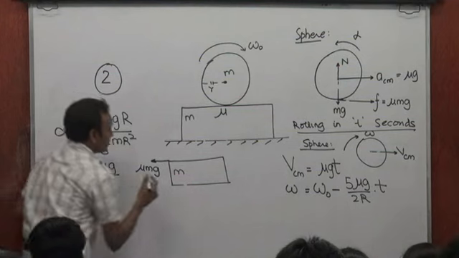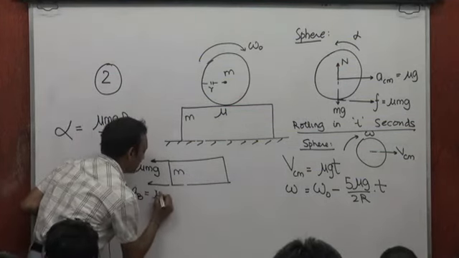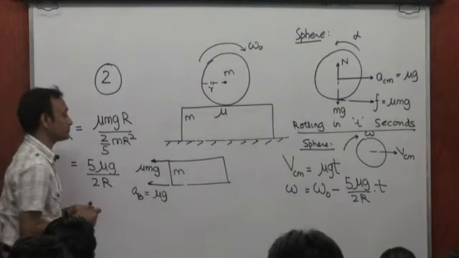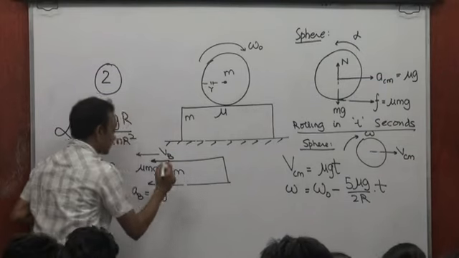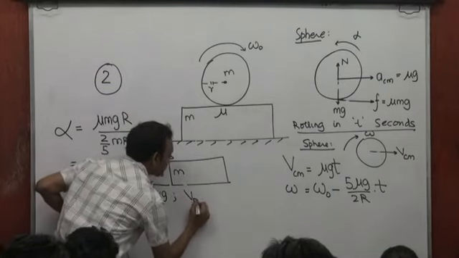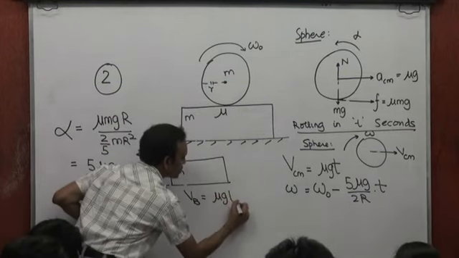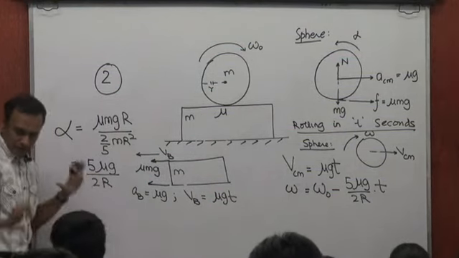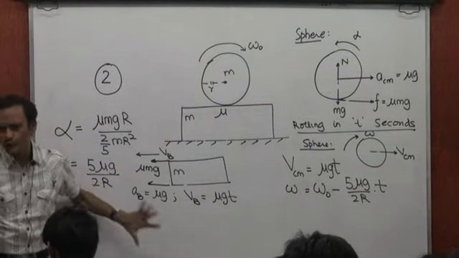So the block will have a leftward acceleration, mu g. When rolling starts, the velocity of the block would be mu g t, leftwards, V equal to u plus at. This is all that we could do for the block.